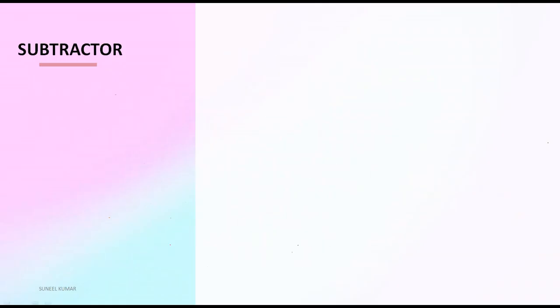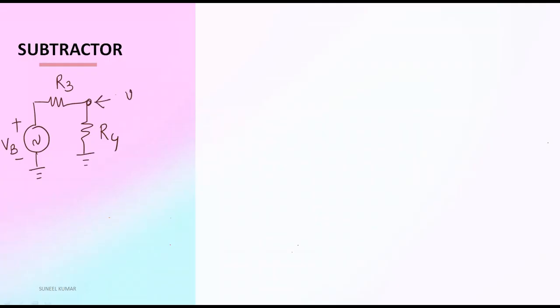We can make the circuit as R3, R4, and this voltage is VB, and we want to find out the voltage at this point, that is V2.